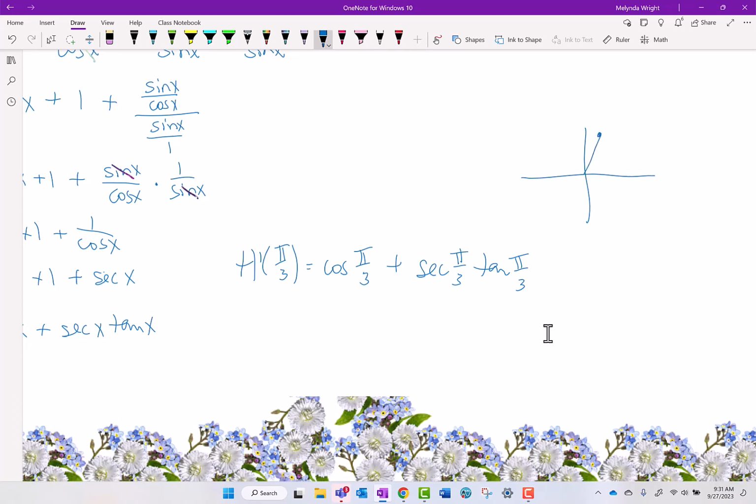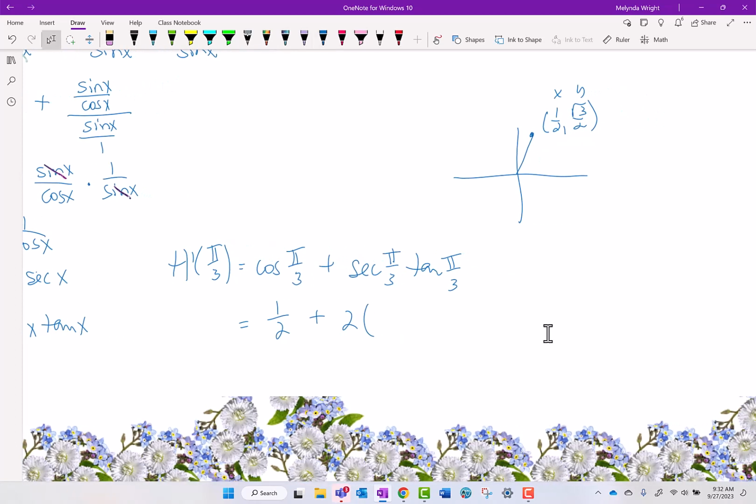Let's think about that coordinate point. The x is shorter, so that's 1/2, root 3 over 2. That's my x and that's my y. So we know that cosine is the x, so that's going to be 1/2. Secant is 1 over cosine, right? So 1 over 1/2 is what? 2, times tangent of pi over 3.